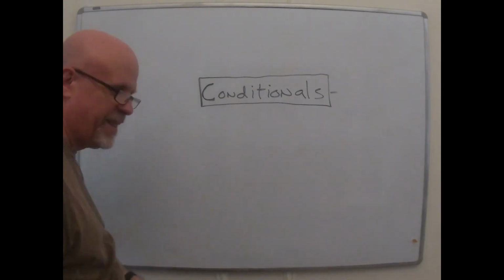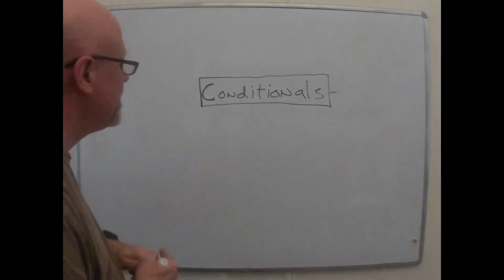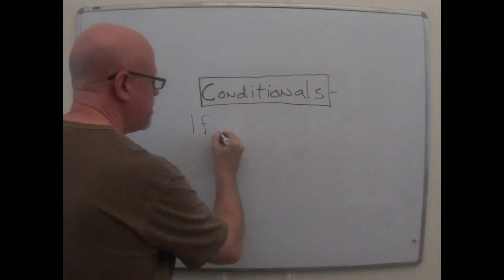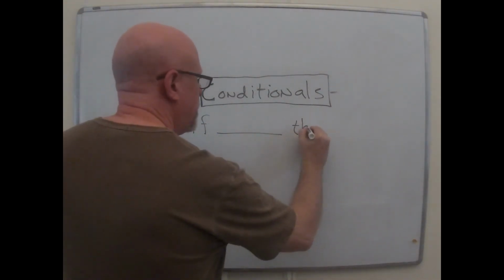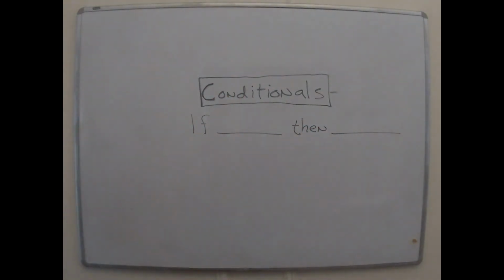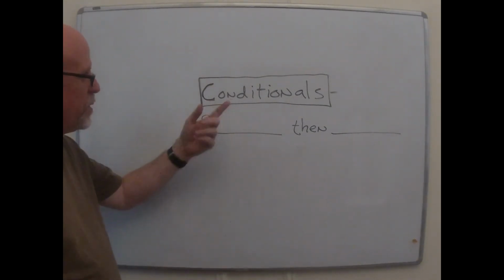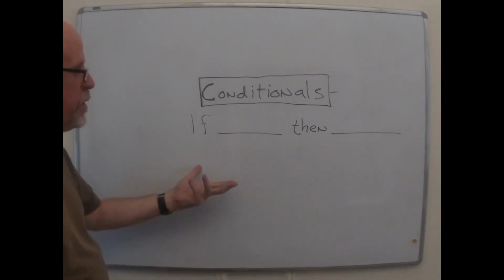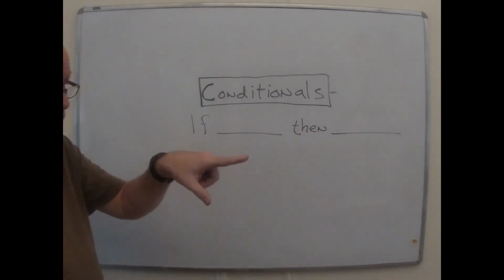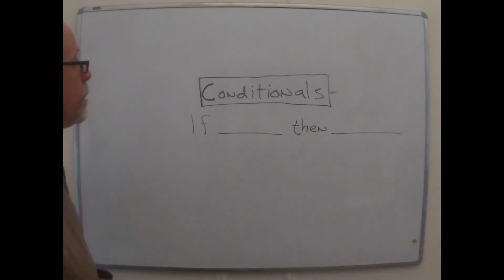So let's say this: if some sentence, then some other sentence, that's a conditional too. What they're getting at, by the choice of the word, is that the truth of this sentence is conditional on what you put in the blanks. And I do mean these blanks to be different things, okay?